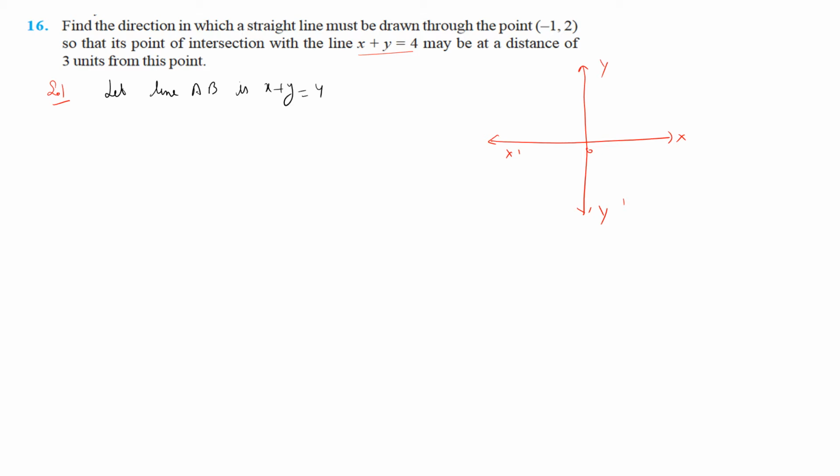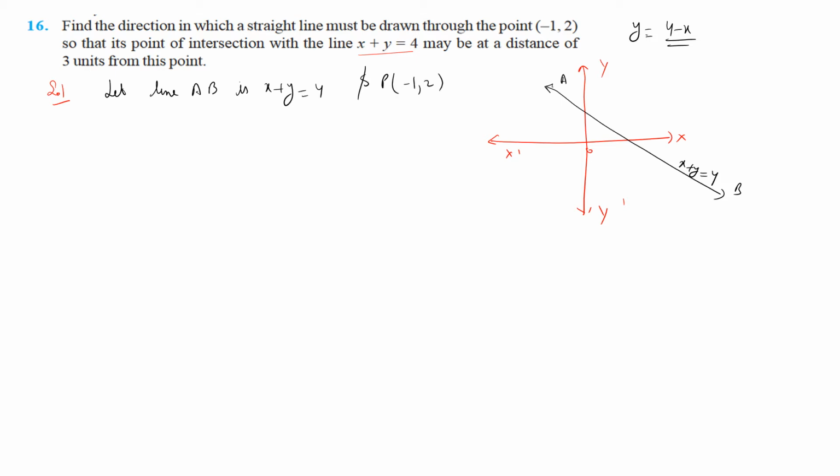If you plot it, you will get a line something like this. A general rough line can be plotted, and the point given here is (-1, 2).